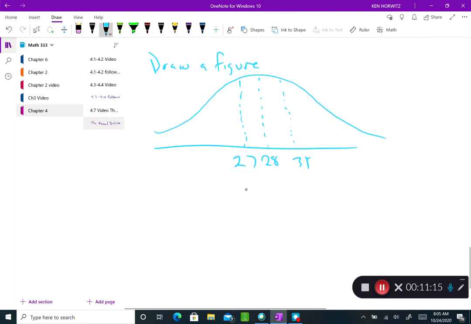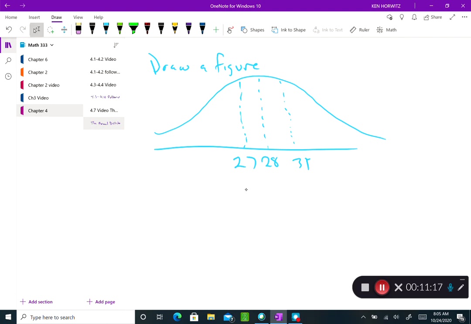The next thing I'm going to do is try to find z-scores. So I want to find the z-score for 27, and I want to find the z-score for 31. Now, since 27 is on the left side of my average, I need a negative z-score.